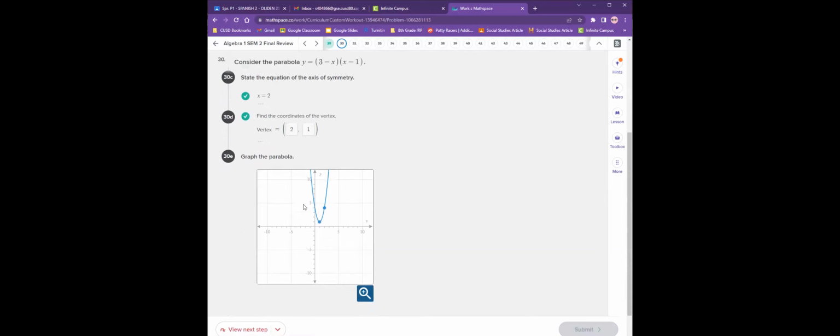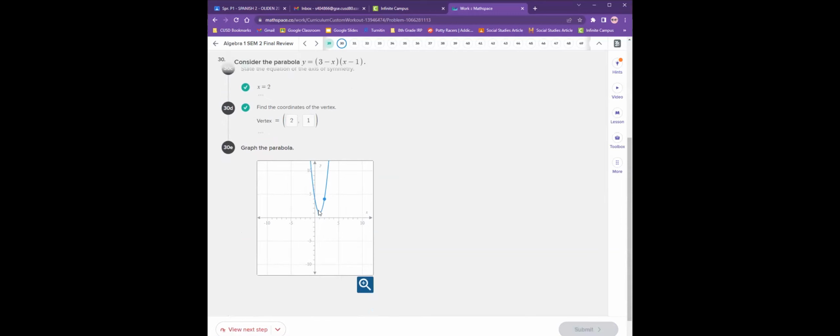Okay. Graph the parabola. So the vertex is 2, 1. It won't let me graph it because that point's on 2. You probably have to move that other point first. Also, it opens down.